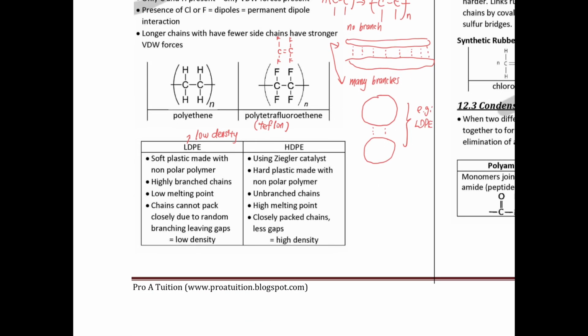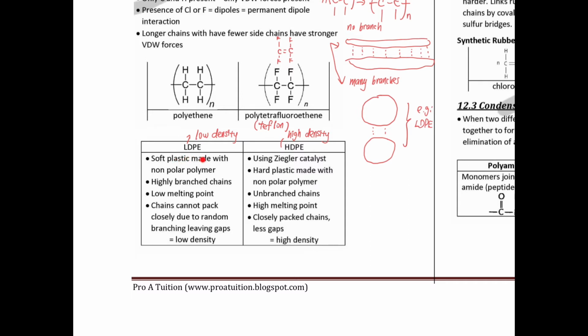Then the next one, HDPE. So you should be able to predict this is high density polyethylene. So what they mention here is to use Ziegler catalyst. So how about this one?